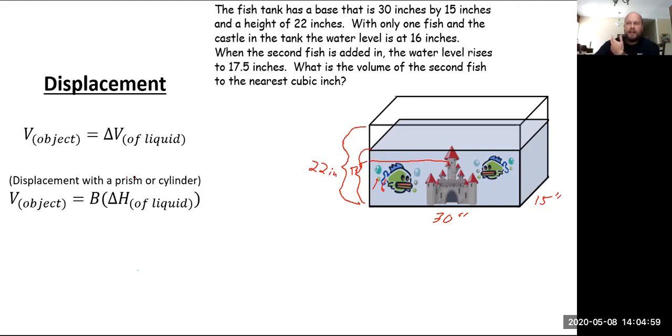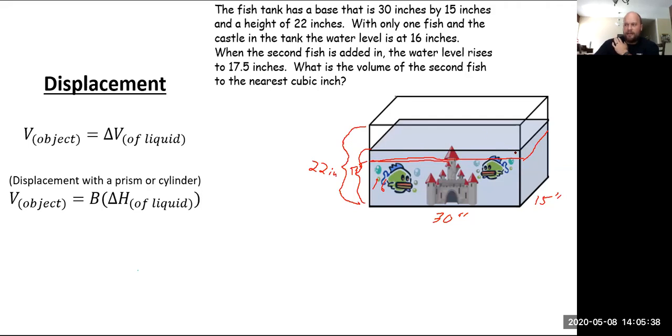When the container is a prism or cylinder, it's still going to be the same shape for the displaced water. Imagine I had this line go all the way across, and also follow along the back here. The shape created with this red line and the top part of the water is also a rectangular prism, because it maintains the shape of the base the entire way up.